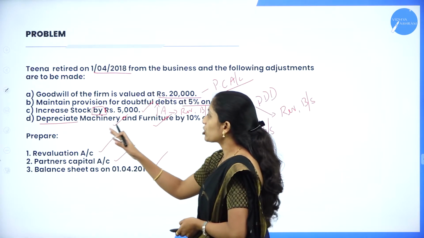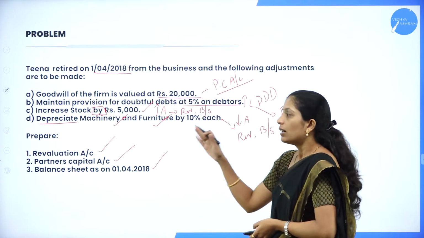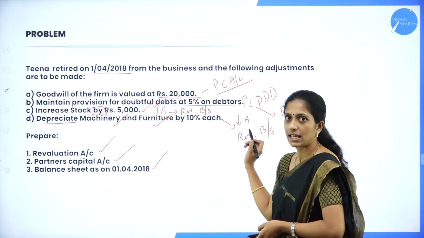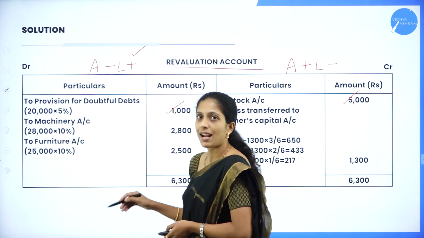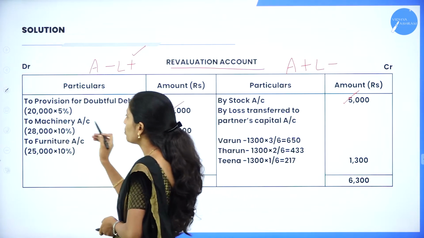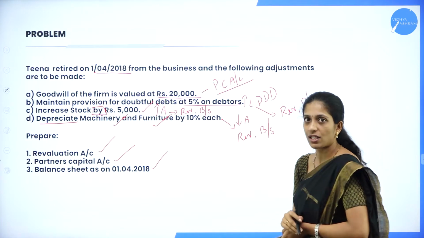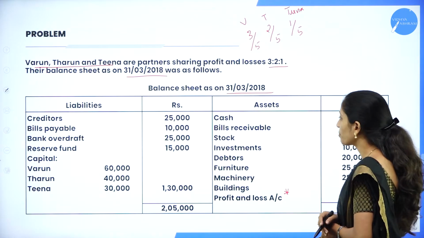Next is depreciate machinery and furniture by 10% each. Now machinery and furniture are what? Assets. So it is a decrease in asset. Where do we record a decrease in asset? That is in the debit side of the revaluation account. So to machinery account. Now what is the percentage? 10% depreciation to be charged on machinery as well as furniture. Now what is the value of machinery here?